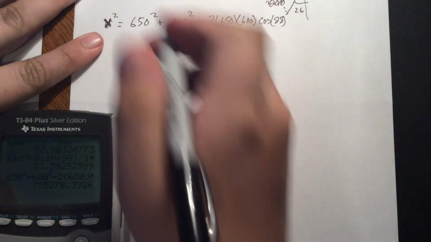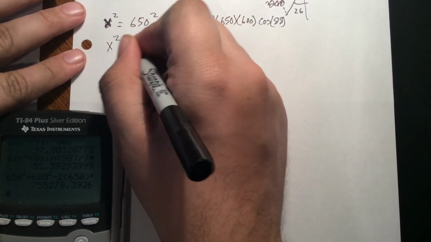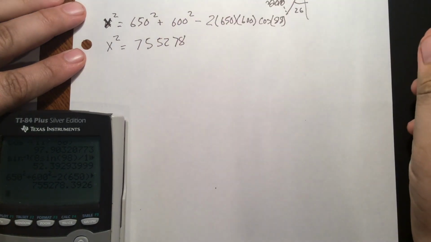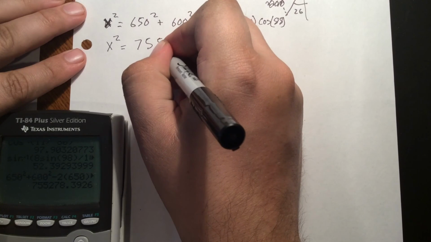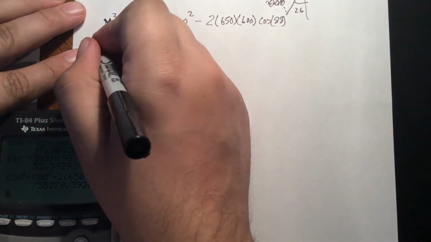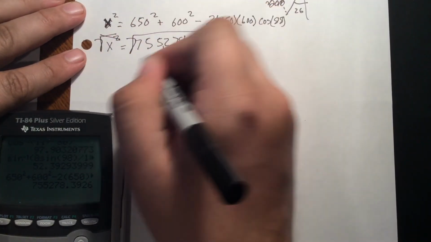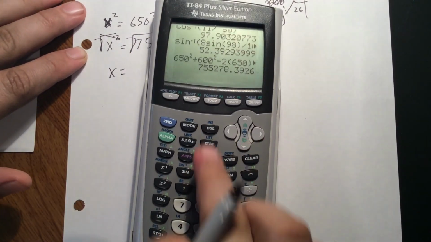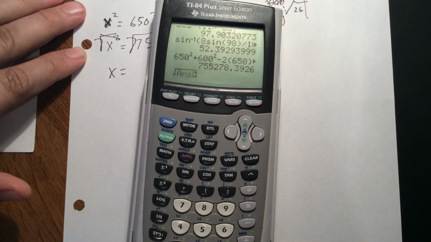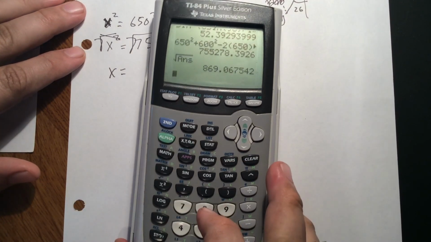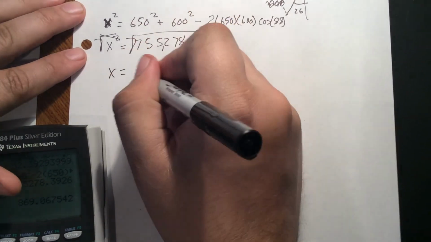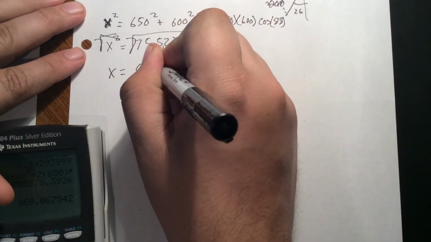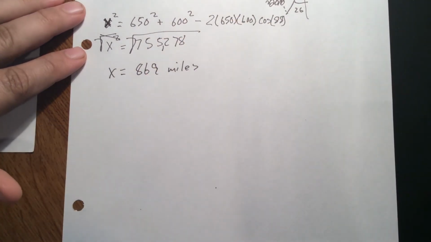So x squared would equal 755,278. So square root that. X is going to equal then, so second square root second answer, 869 miles. So, that's boogieing.